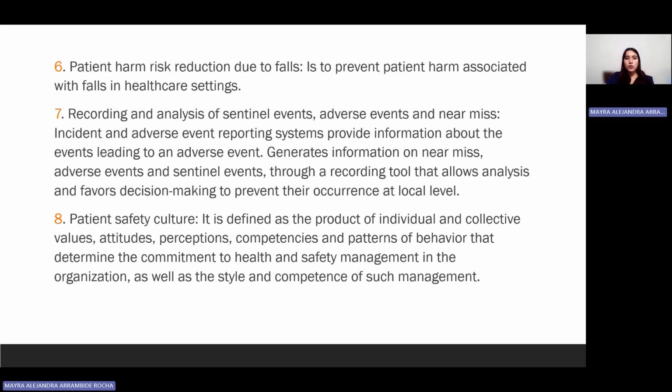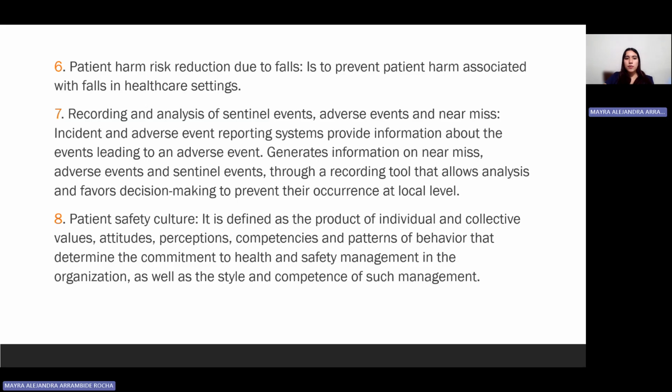Patient risk reduction of falls is to prevent patient harm associated with falls in healthcare settings. Recording and analysis of sentinel events, adverse events, and near misses.